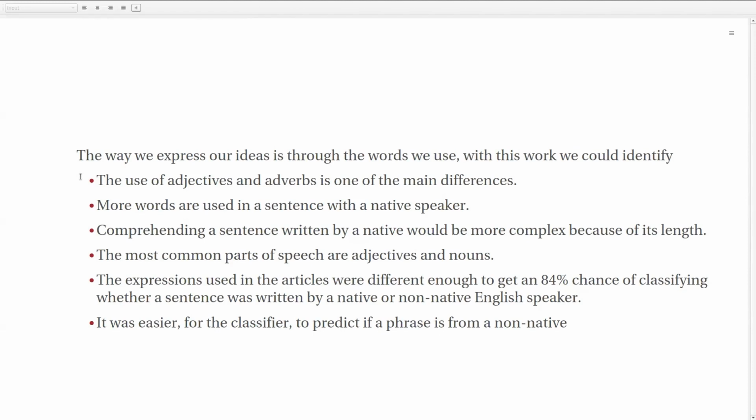The most common parts of speech are adjectives and nouns. The expressions used in the articles were different enough to get an 85% chance of classifying whether a sentence was written by a native or a non-native English speaker, and it was easier for the classifier to predict if a phrase is from a non-native speaker.